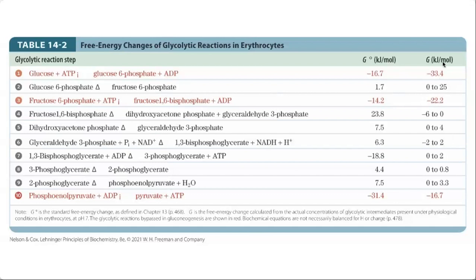These 3 steps are going to have these large negative delta Gs, which means that if we were to try to go in the reverse for these reactions, we would need concentrations so skewed that it wouldn't be possible in the context of our cells. We call these metabolically irreversible. Basically, we can't reverse them just by changing little bits of concentration. We need to actually control the enzymes that do this.